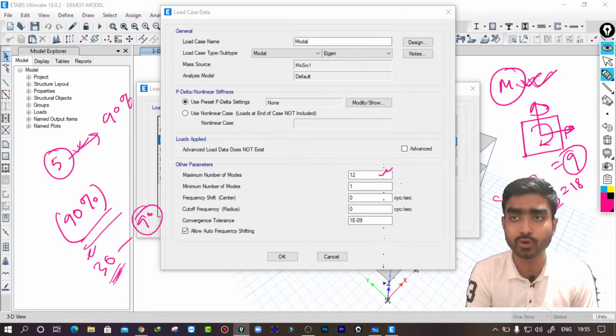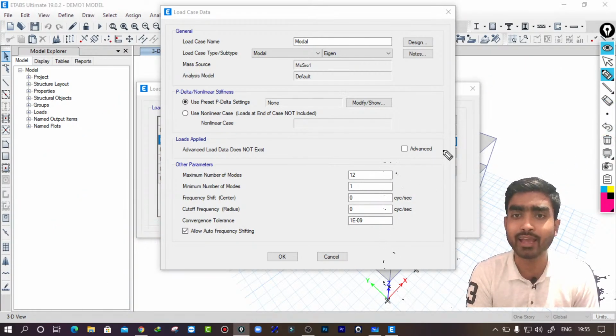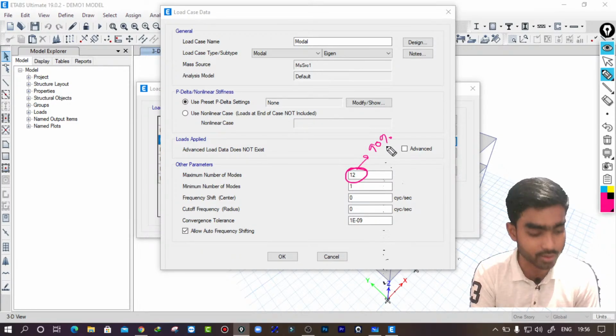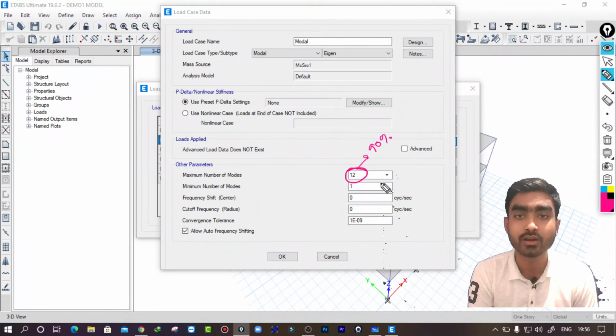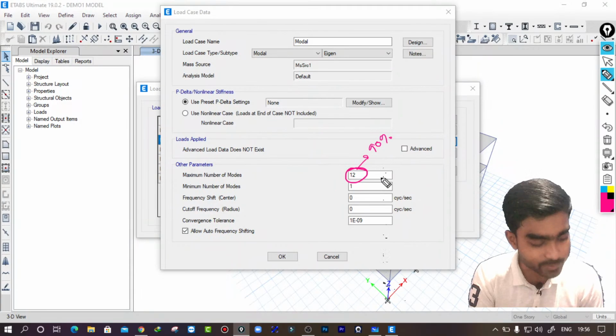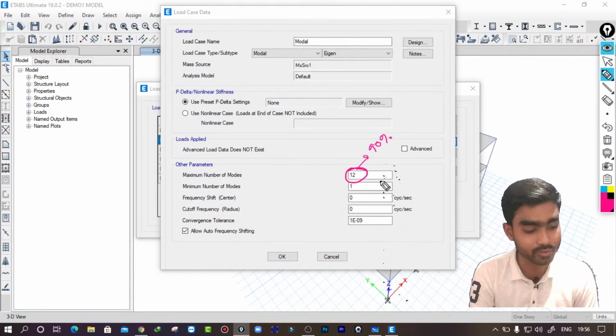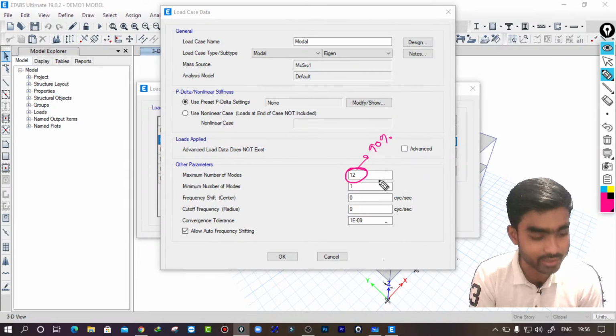Now what you should do is just take any value here. Here the default value is 12. Check whether this 12th mode has 90% of mass participation or not. I have already explained what modes are. I think you came late here, so just rewind the video and you'll see.